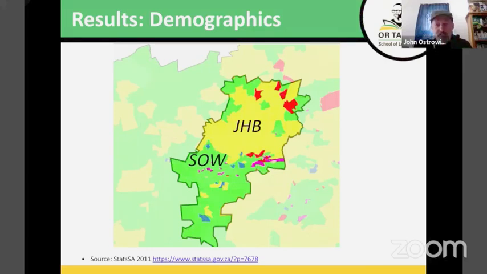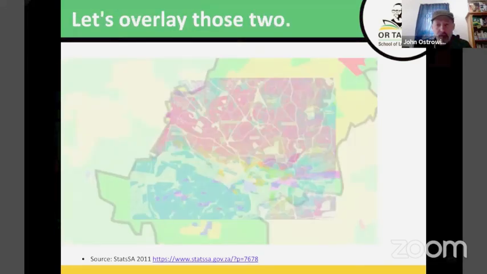Interestingly, in the CBD, we see it's red. In other words, it looks like people in the CBD voted EFF. Right, so overlay those two, and you can see there clearly where they are predominantly black people in the CBD. It's EFF, but elsewhere it's ANC.